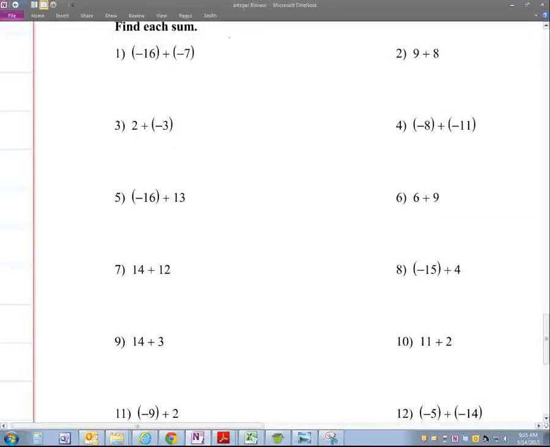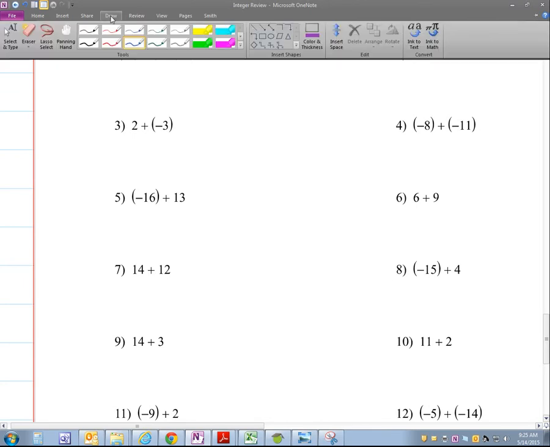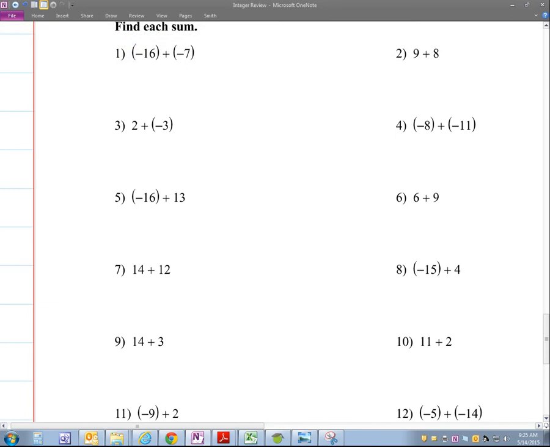So let's do number 1 in both ways. For the first one, let's do a quick sketch of a number line. I'm going to do a number line that starts with the one with the highest absolute value, which is negative 16.